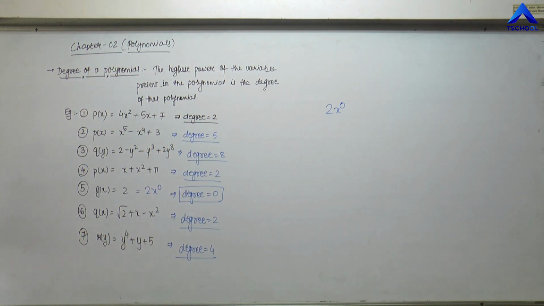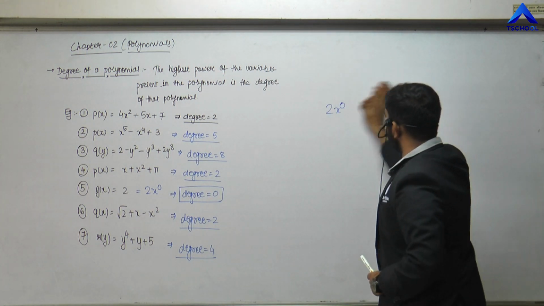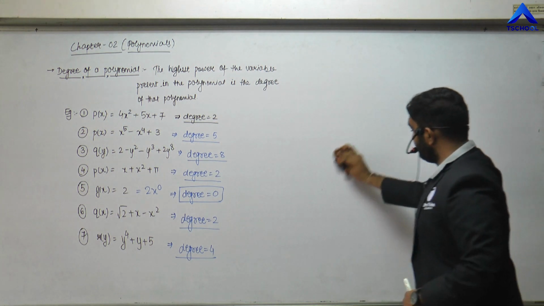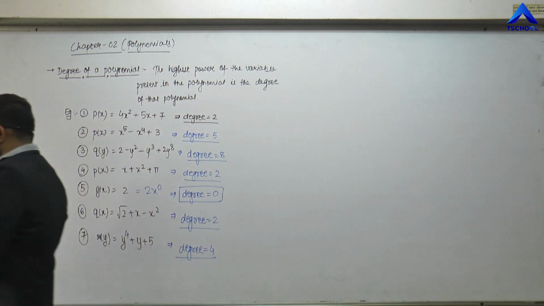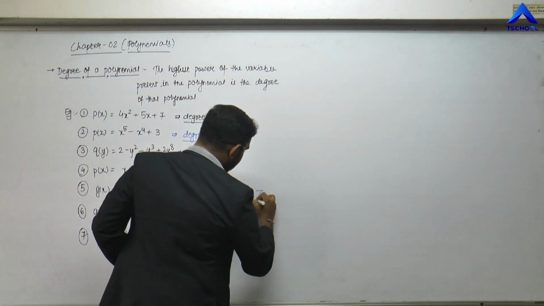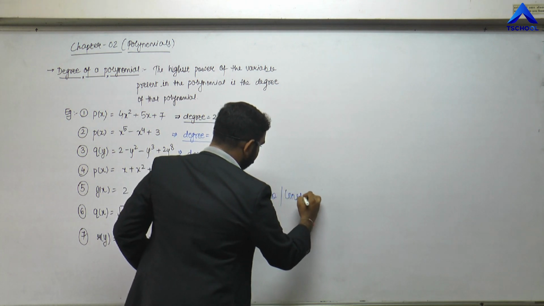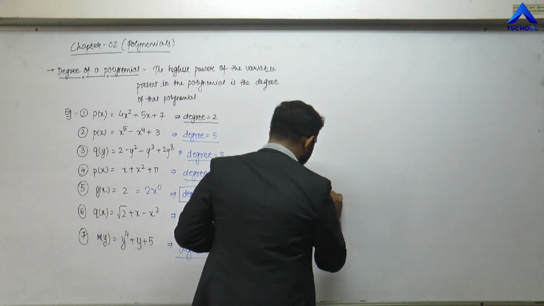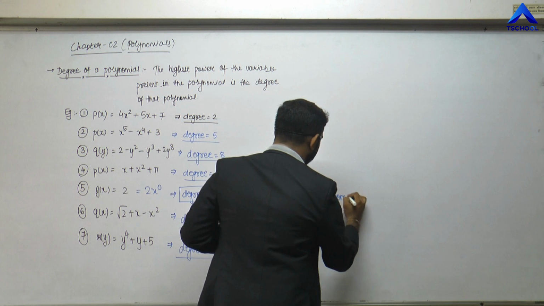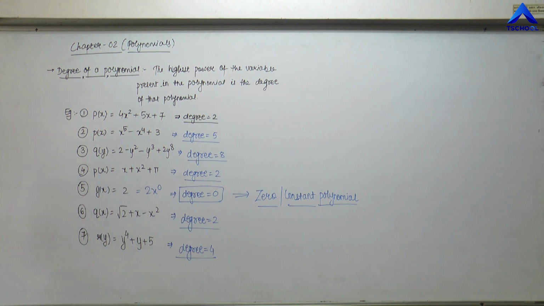So till now we discussed these degrees, but I have marked a question here with degree 0. Note that, friends, whenever a polynomial has degree 0, then that polynomial is known as the 0 or constant polynomial. As the name suggests, constant polynomial, there will be only a constant value present in that polynomial.